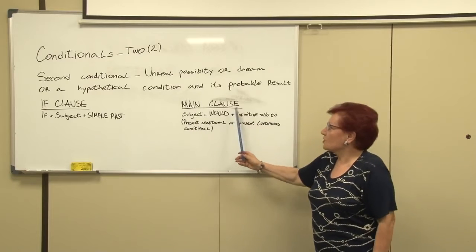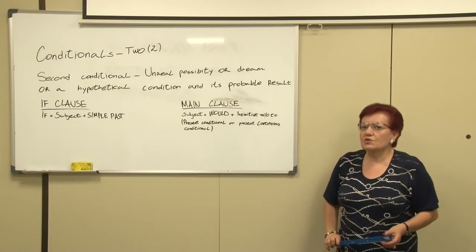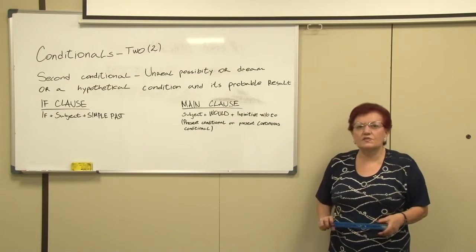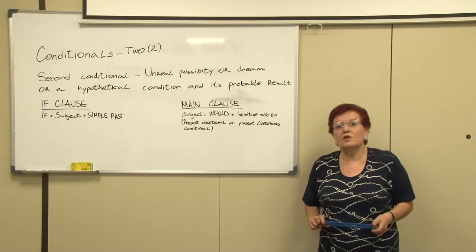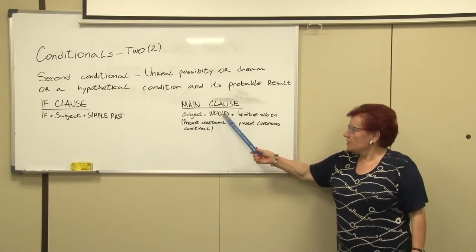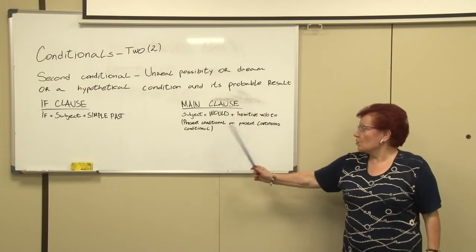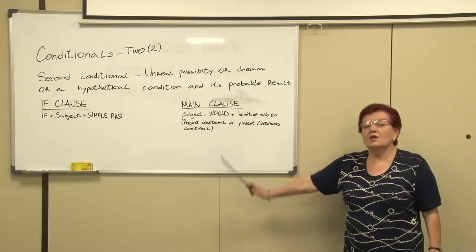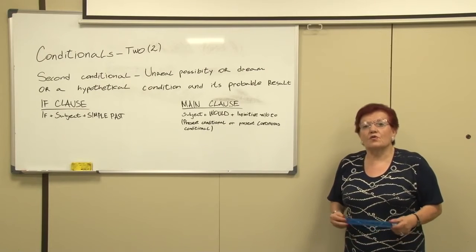And another part, which is the main clause, is constructed by subject plus would plus infinitive without to, or present conditional or present continuous conditional, depending on the length of the action.